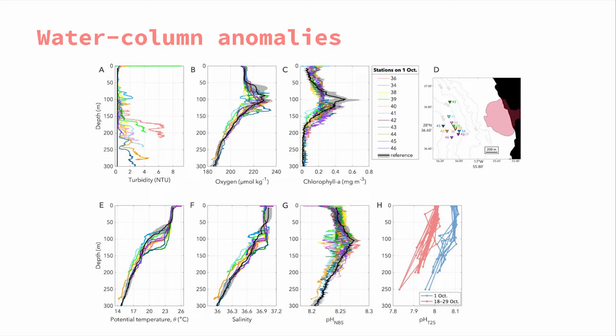I will just highlight a few things from here because there's a lot of information. First of all, you can see that there were anomalies in all the variables in the whole water column. Previous studies only talked about the first few meters because of logistical limitations, but we were able to sample the whole water column, and there were anomalies at all depths.